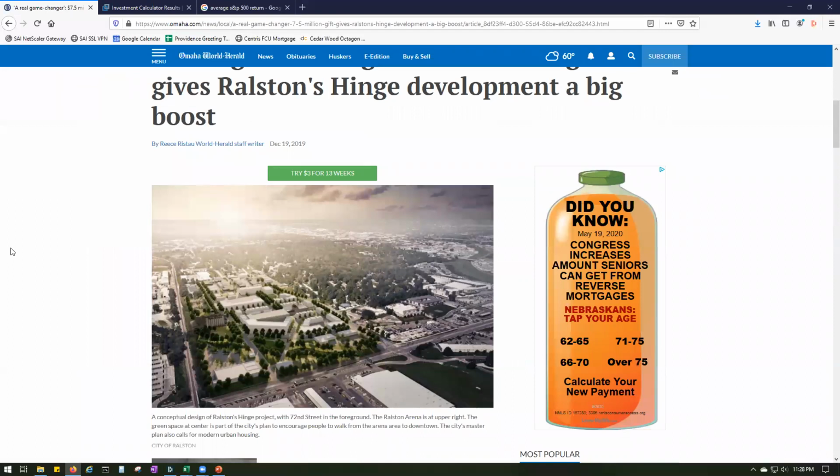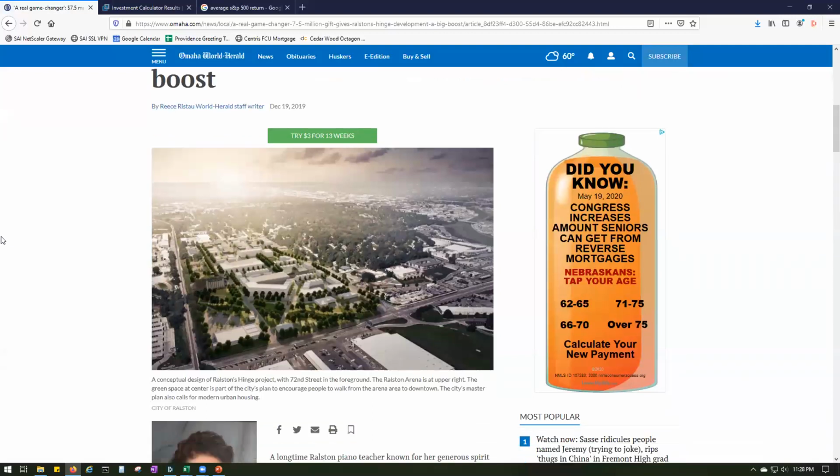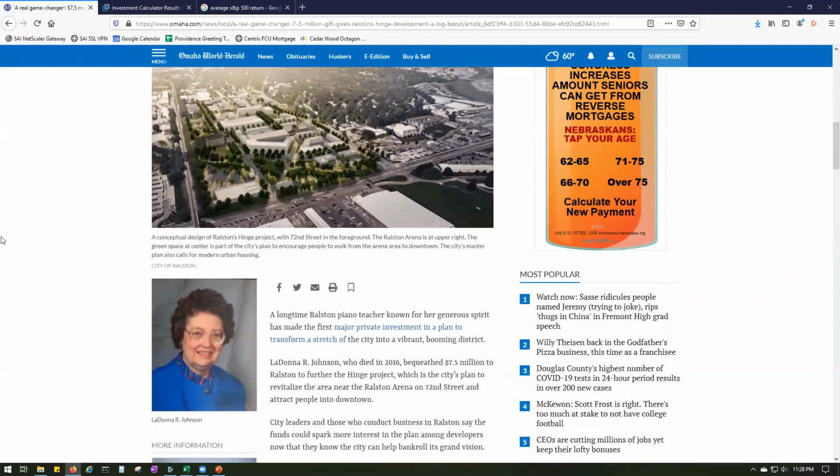So when I read this story, I first and foremost think this is just really inspiring. Here's a woman who really impacted her community. She's taught hundreds, if not thousands, of students. She was obviously really involved in her church.